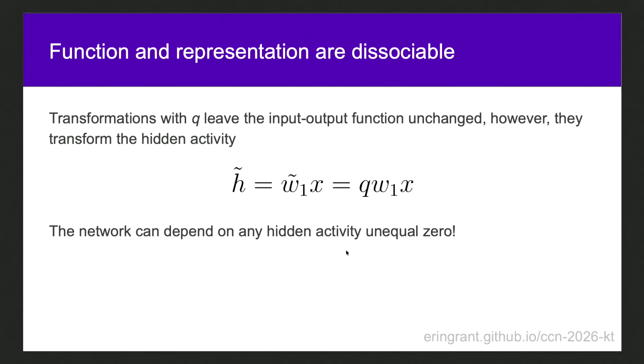That means there's really only one value for q that we can't use, and that is 0, because you're not allowed to divide by 0. In theory, and obviously this doesn't work for the brain because we can't make activity infinitely large, we could observe any hidden activity value in this mini network and still implement exactly the same function.